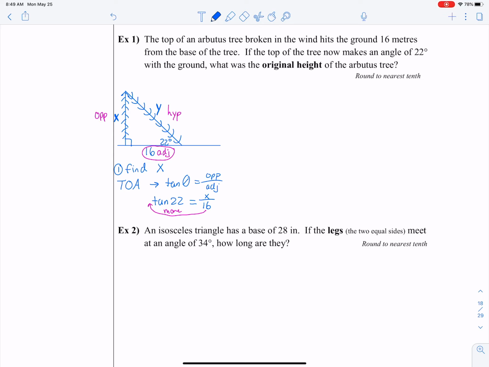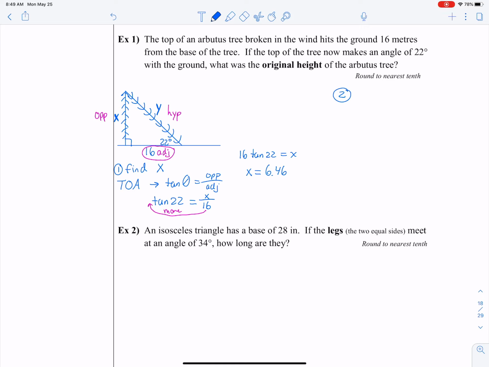So I get 16 tan 22 is equal to x. When I put that into my calculator, my x is 6.46. So that's step 1.